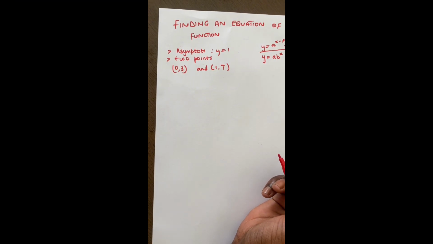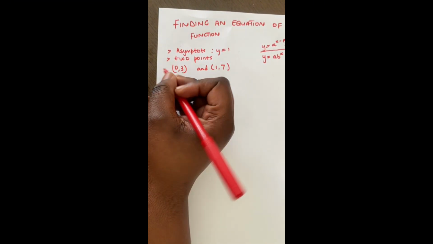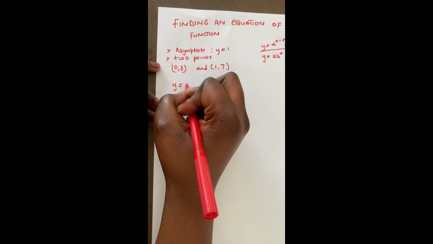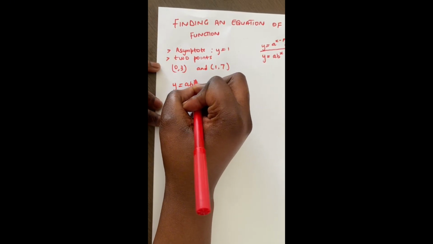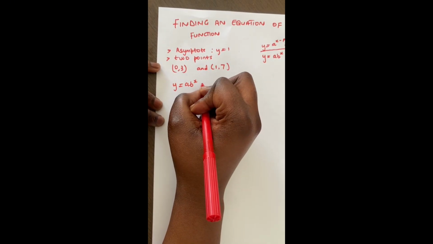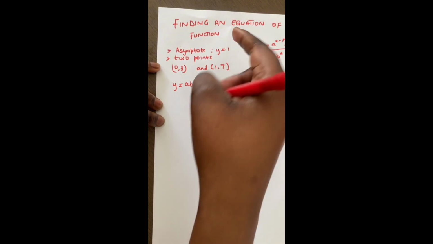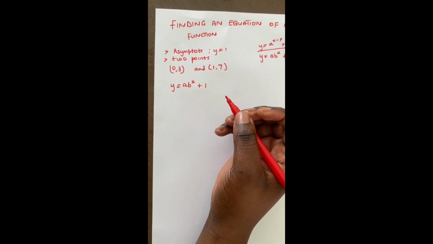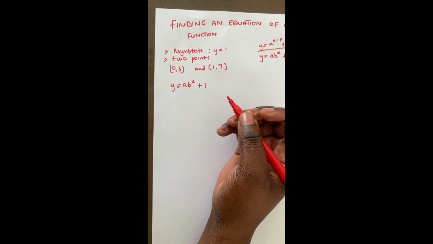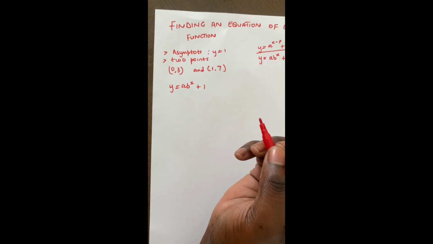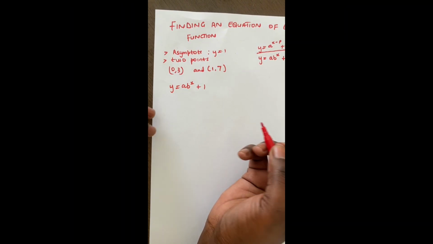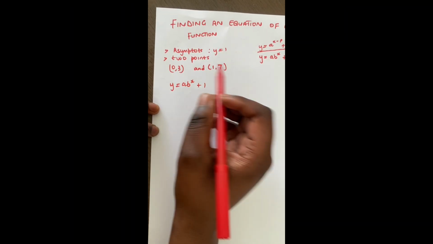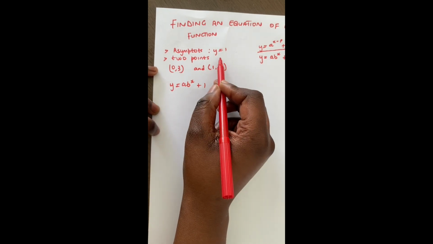Let's start by substituting the asymptote first, so that we can know what we don't have. So the asymptote is +1. Okay, so now you have 2 points, and you're gonna use them both. You're gonna use the first one to find the value of a, and use the second one to find the value of b. All right, so you have to be very careful with this one.